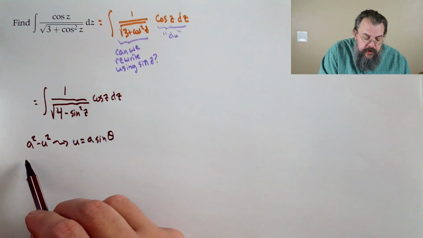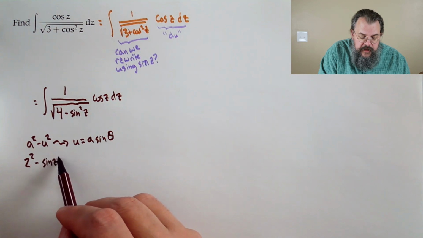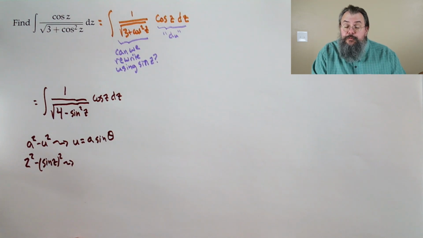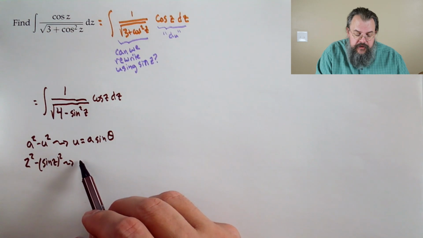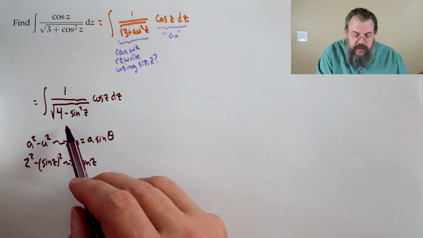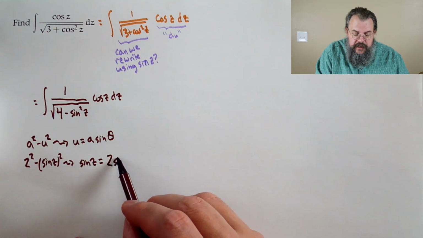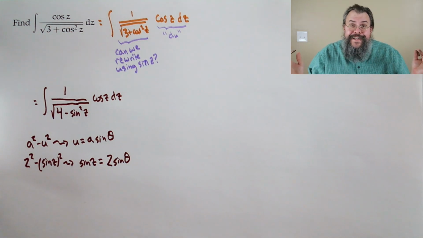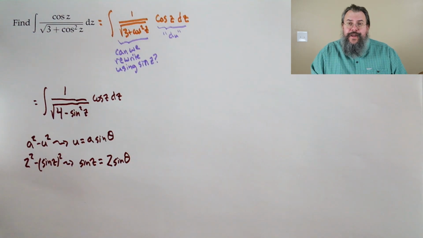So in our case, it's 2 squared minus sine squared, which suggests the following substitution. We're going to let sine of z, this inside part, be equal to 2 sine of theta. Well, let's just try it. The only thing we have to lose is maybe a little bit of work, but that's okay. It doesn't hurt if it succeeds.